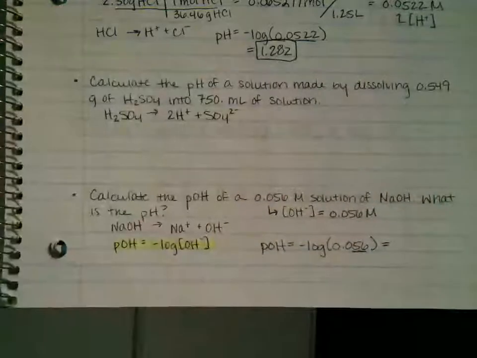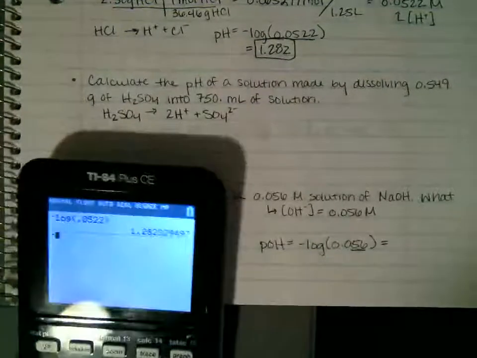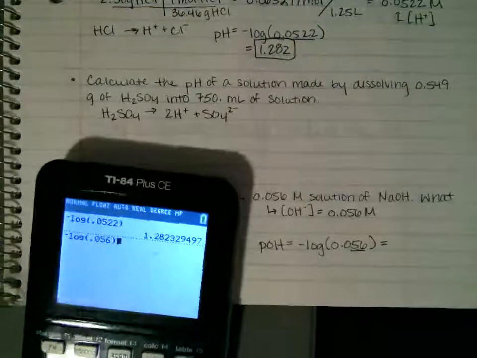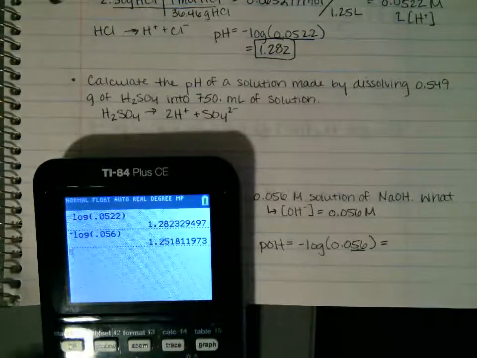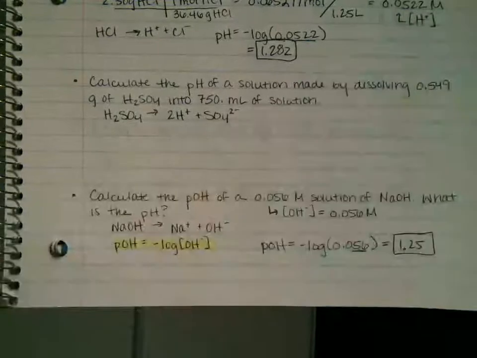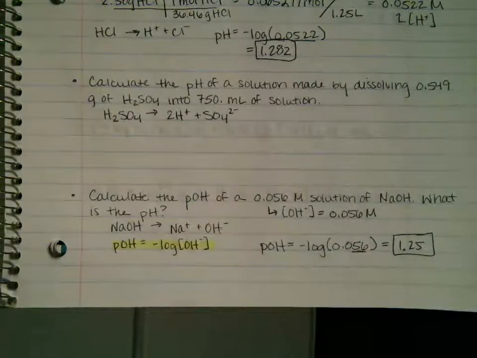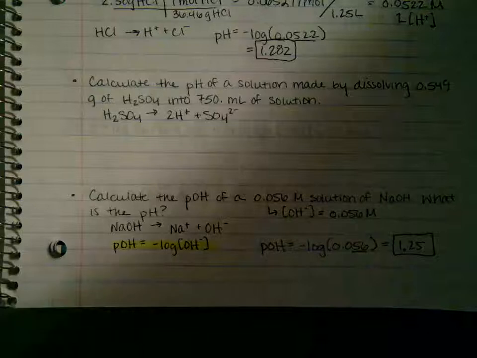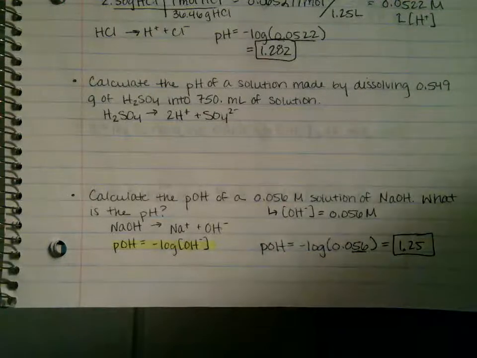So in this case, it would be a negative log of 0.056. Two sig figs here, so we want 2 digits in the mantissa, 1.25. You'll notice there's no units for pH or pOH also. They are unitless. That's our pOH.